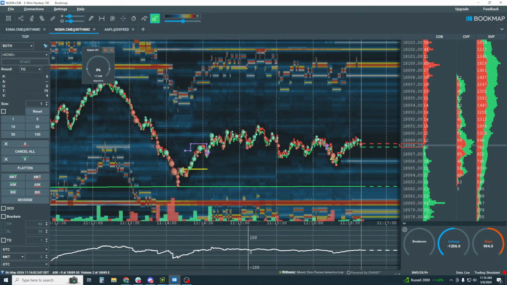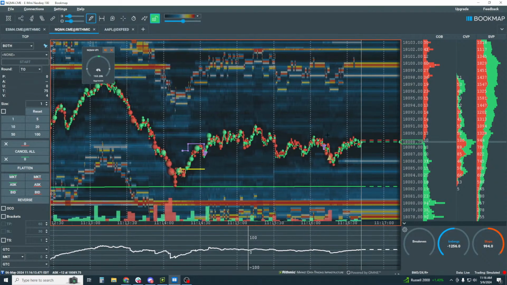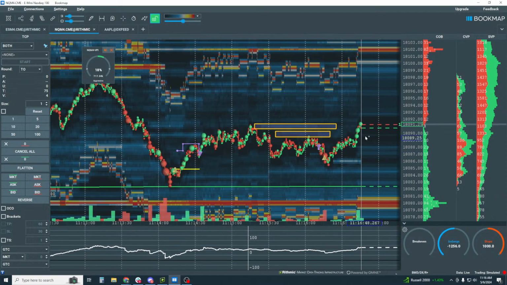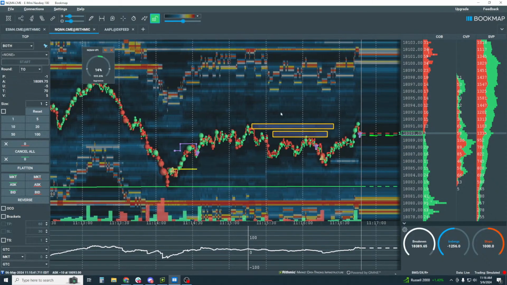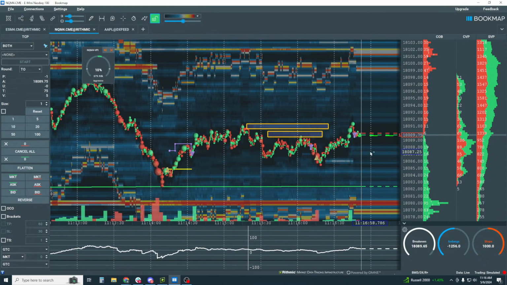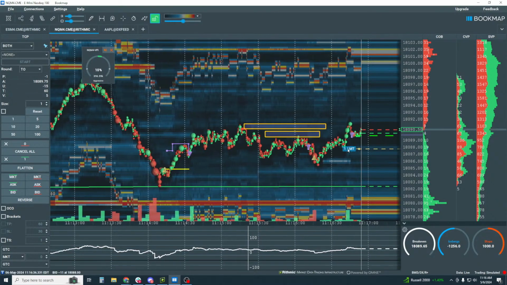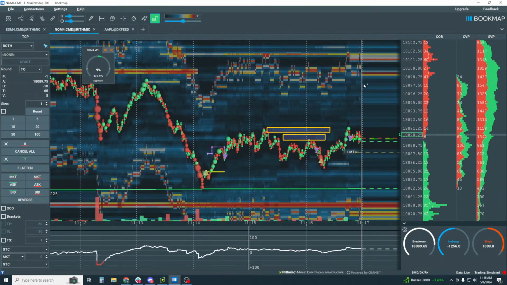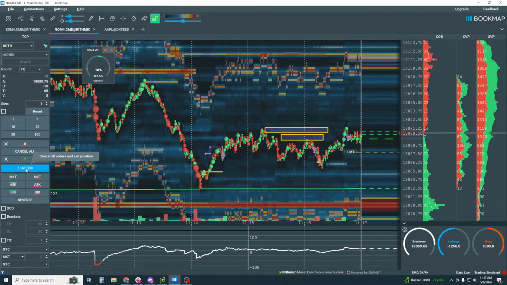Okay, so we're looking at these zones in here. I think Stottlemyre talks about this as negative development. Okay, and then in here, it just traded up into that area. So now we're looking for a pullback into maybe the bottom of this little swing here. And if we don't get it, we'll just get out.